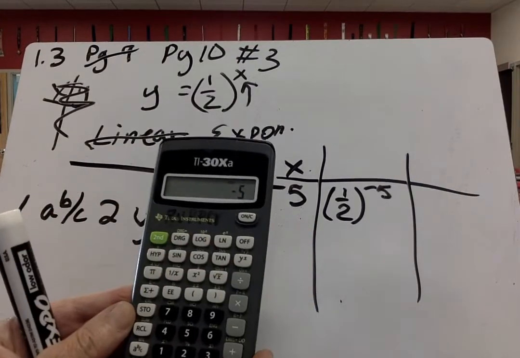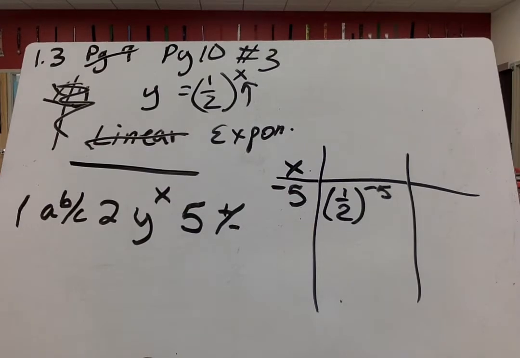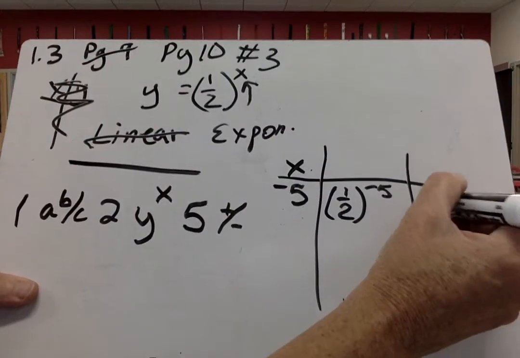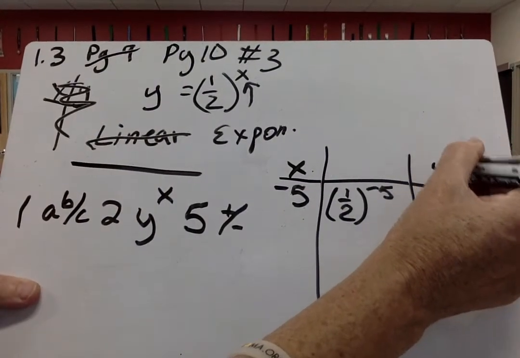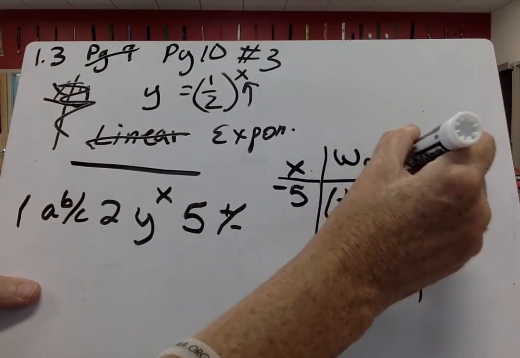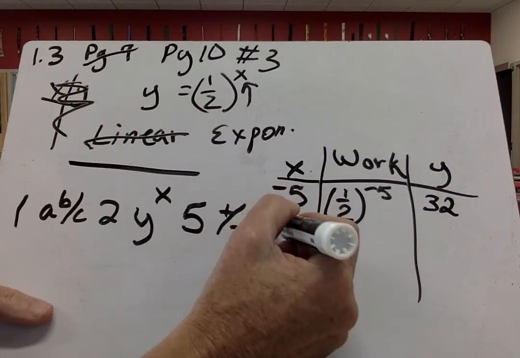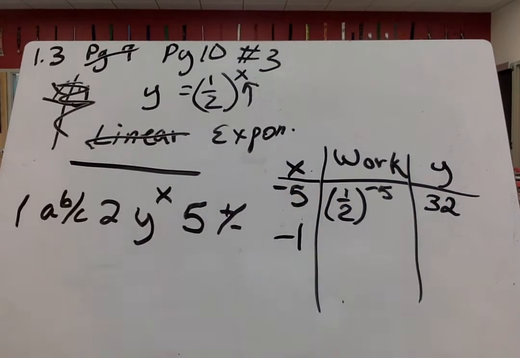I make sure it puts -5, and that equals 32. So then you want to do the same thing with -4, -3, -2, -1. I'm going to skip those, and you can do that on your own.